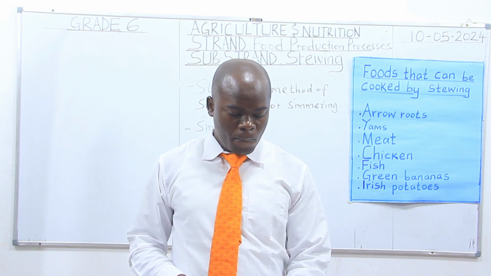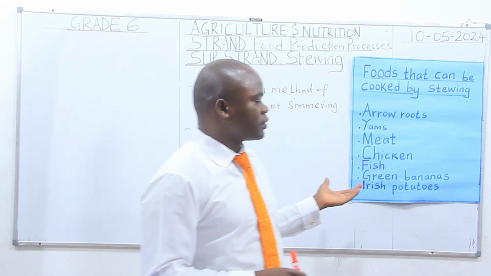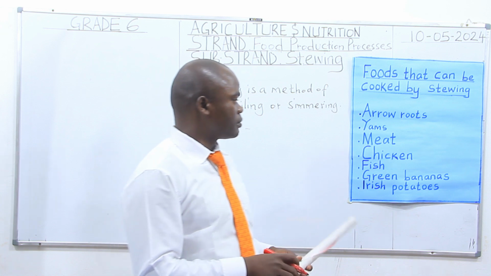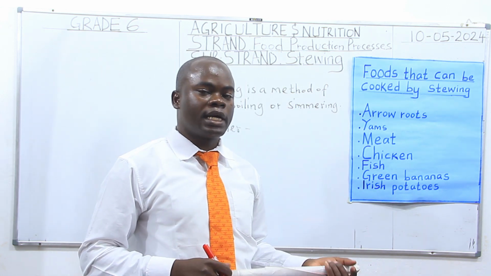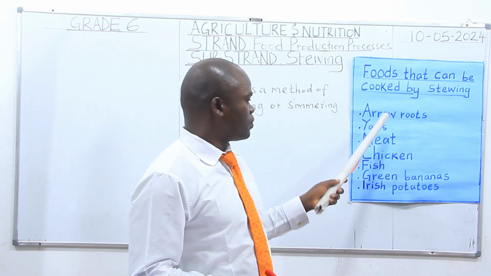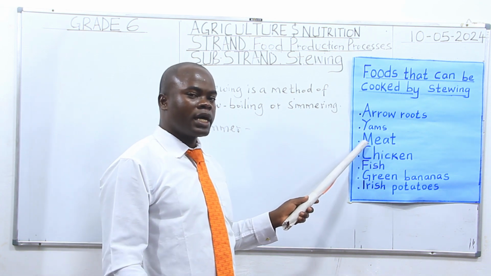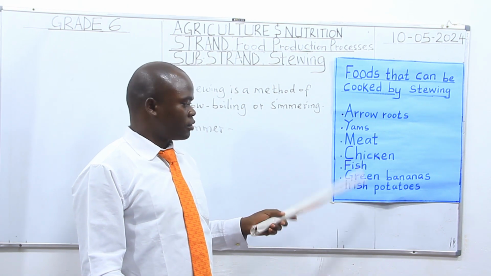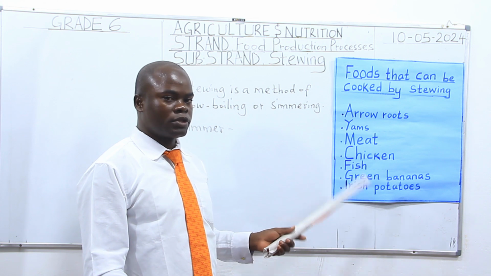Then, what are some of the foods that can be cooked by stewing? Most of these foods are found in our locality. We have foods such as arrowroot, yams, meat, chicken, fish, green bananas, and finally Irish potatoes.